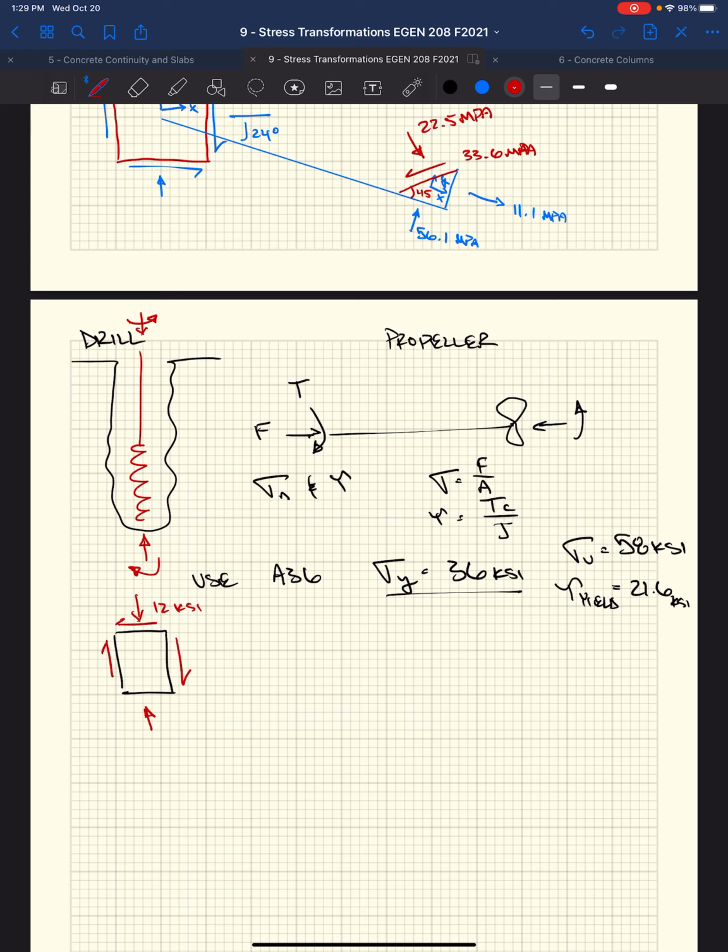And based on the power associated with either the drill rig, maybe it has 600 horsepower, and it's twisting this drill at 600 RPM, you could go through and figure out what's the torque that they're applying based on the torque and the geometric properties of the drill or the propeller. You could go back through and figure out the shear stress. We'd figure out that this shear stress in our case was 8 KSI. Again, we have our coordinate faces, say X to the right, Y upward.